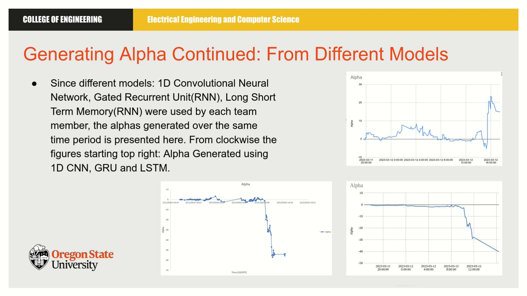In the bottom right, we show the alpha generated using a gated recurrent unit, GRU, and the bottom left is the alpha generated using the long short-term memory, RNN. We expect that each model will perform better under differing market circumstances, and that this is just a particular circumstance that favors one model over the other.